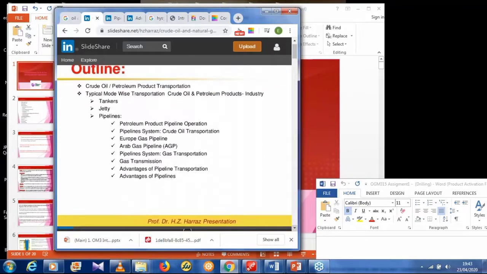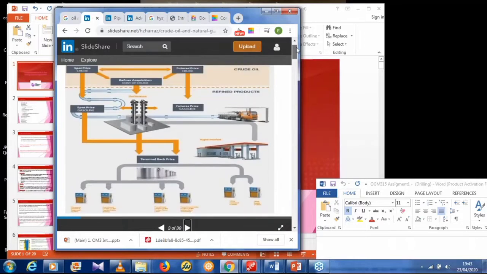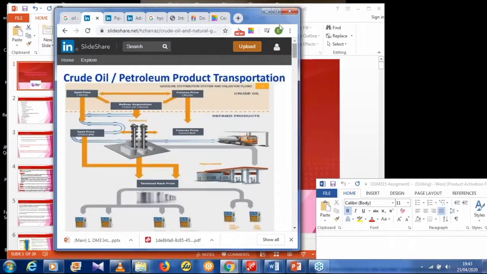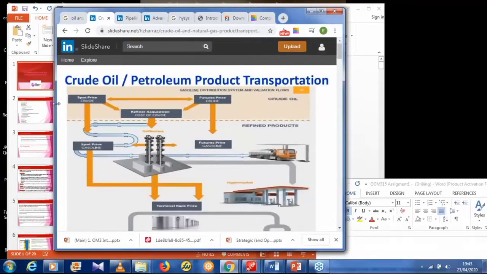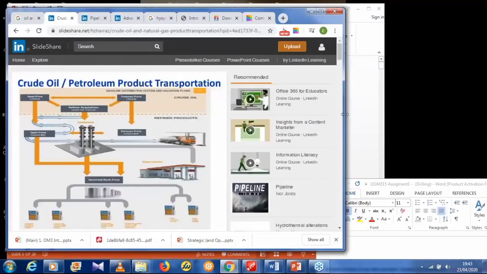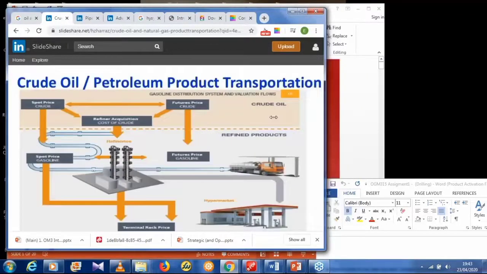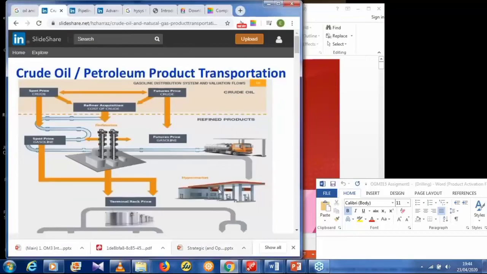Then this is just a pictorial view. If you can see this, trying to expand it, so you can get a better view. So the transportation system is something like this.